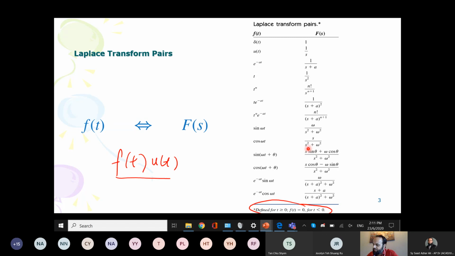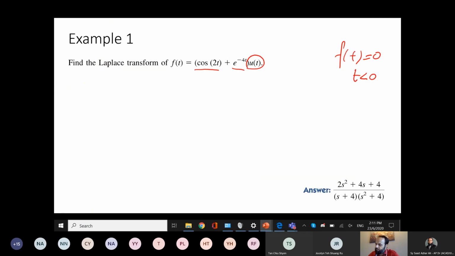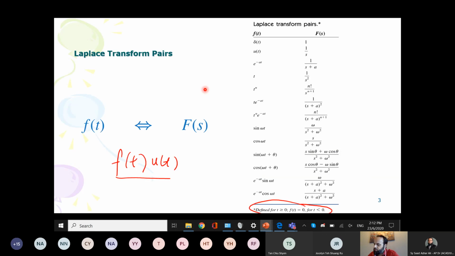Cos omega t is s upon s squared plus omega squared, and e to the minus at is 1 upon s plus a.